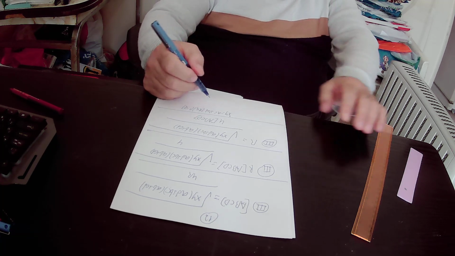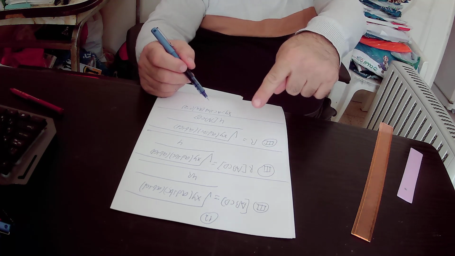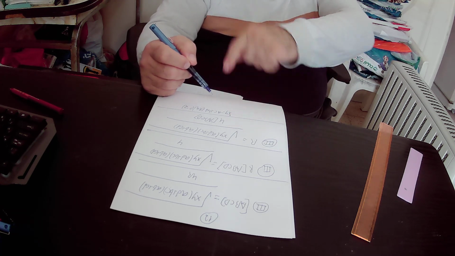Therefore, we can substitute xy in equation number 3 by AC plus BD.